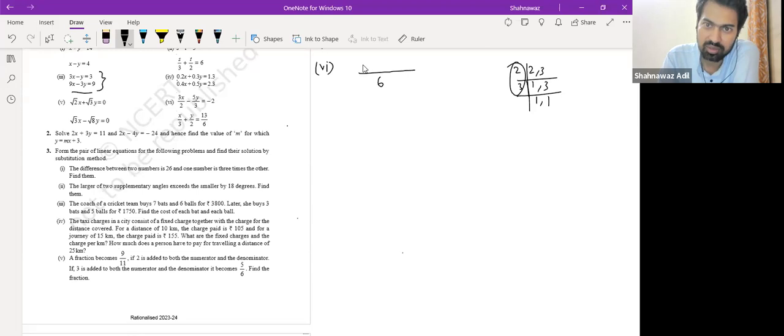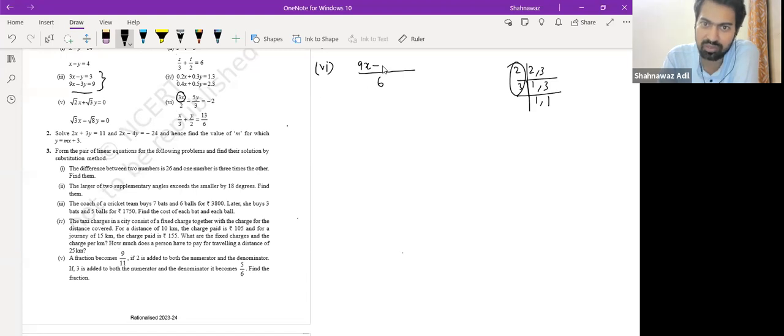I don't understand how it's being done here. This 2 divides this 6, so it gives 3, and this 3 multiplies with 3x. 3 into 3x is 9x. Then this 3 divides 6, which gives us 2.